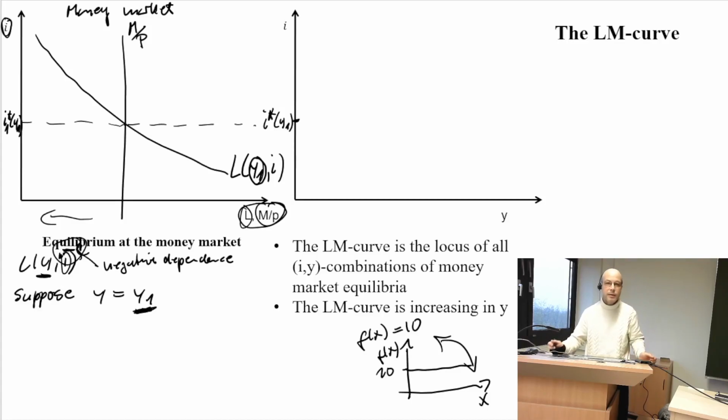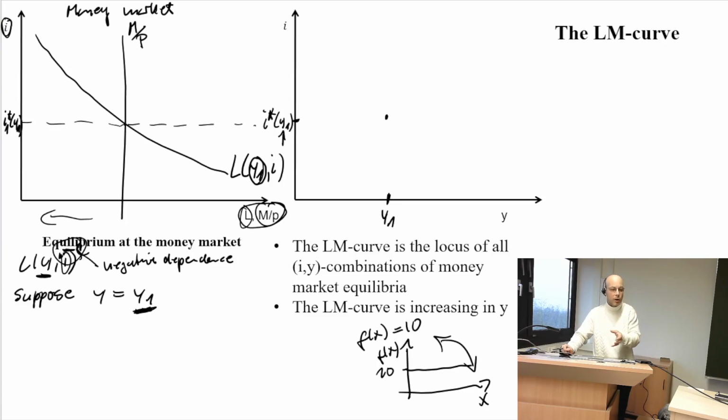So this interest rate depends on our y1, and let's just suppose that y1 would be somewhere here. So then we have one first possible combination of income and interest rates where the money market is in equilibrium.